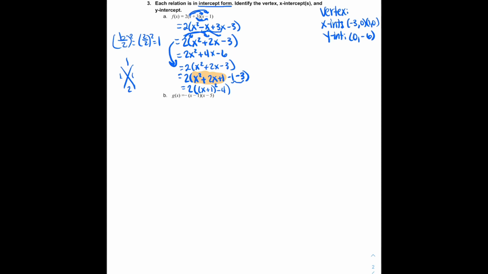I have this extra set of parentheses I need to deal with, so I'm going to distribute this 2 through, and that's going to give me 2 times x plus 1 squared, and 2 times negative 4 is negative 8. So my vertex is opposite of h, which is negative 1, and my k value is negative 8. Okay?